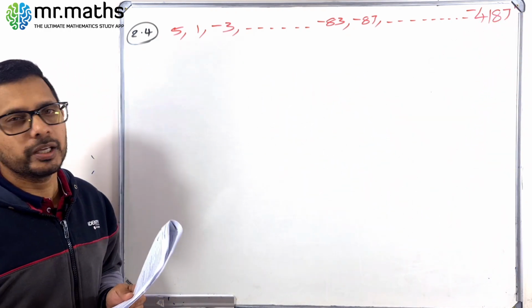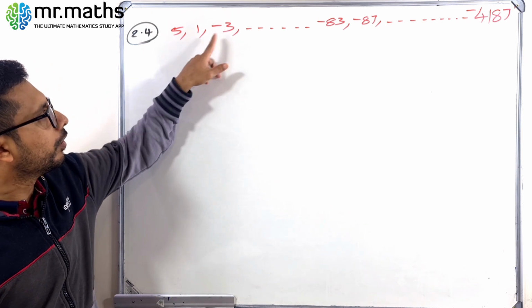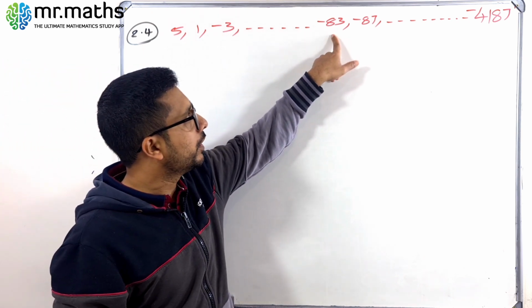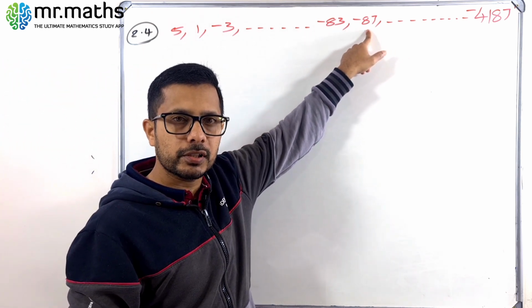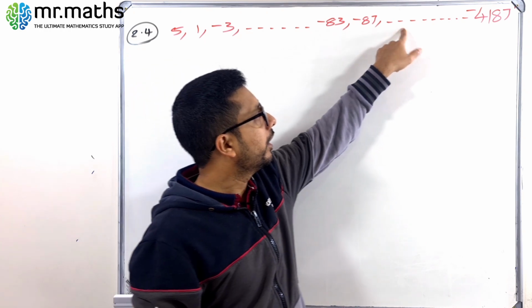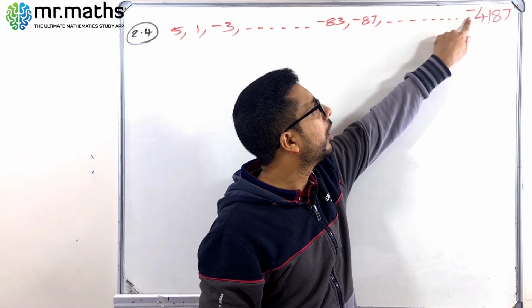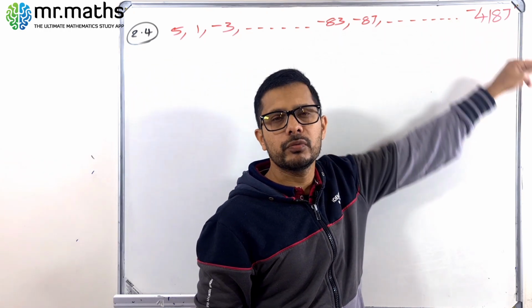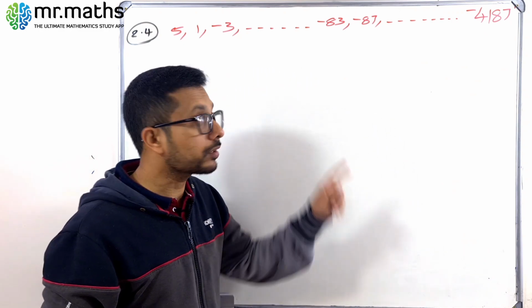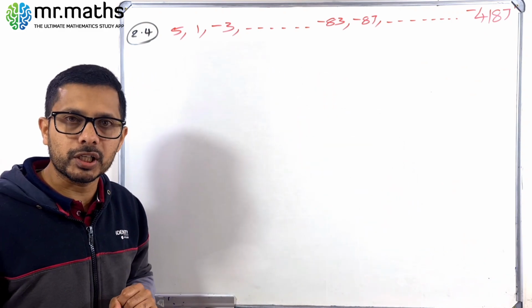You see that? Okay, so this sequence 5, 1, minus 3, etc., minus 83, minus 87, somewhere in the middle. Okay, again etc. up to where? Up to minus 4187. Now the last term is minus 4187.